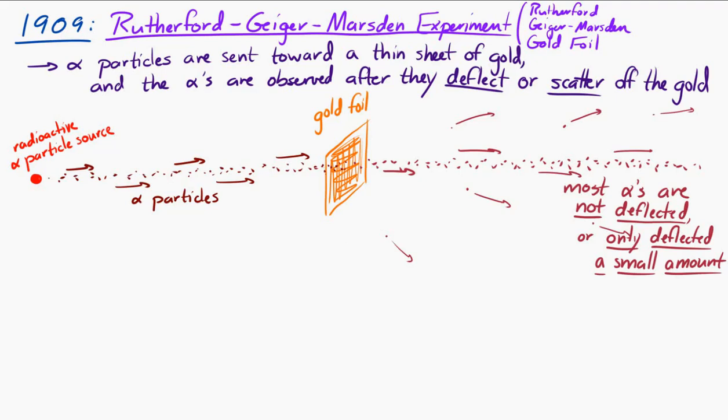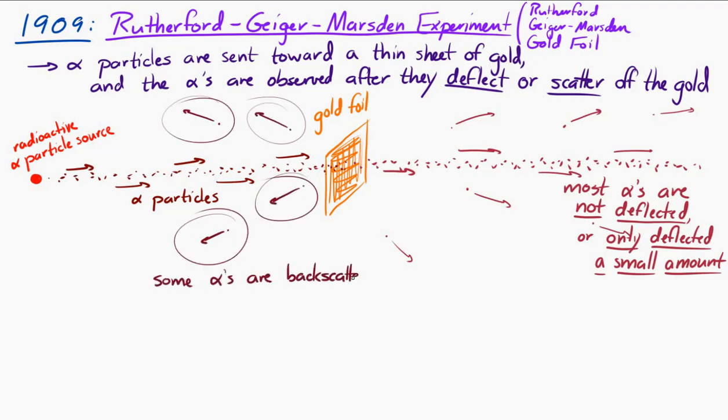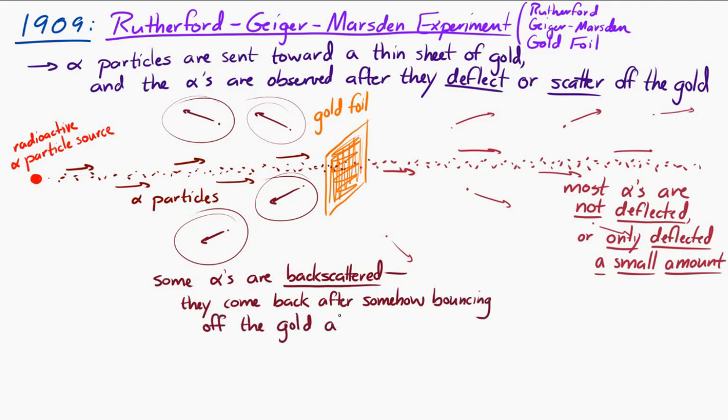What was surprising about this experiment was that some of the alpha particles were backscattered. And what that means is that they were sent backwards after they bounced off the gold foil. They came back toward the source. This was very, very surprising.